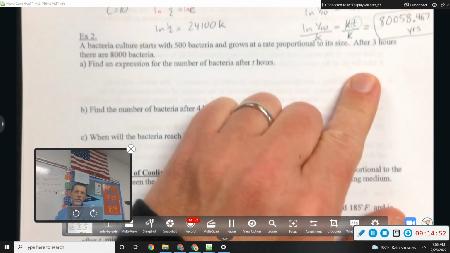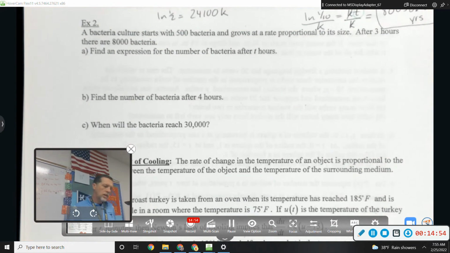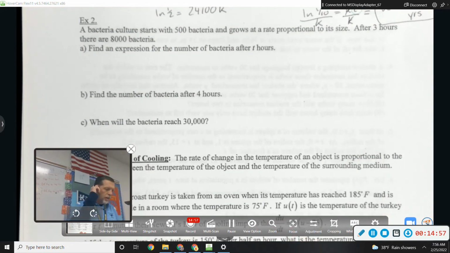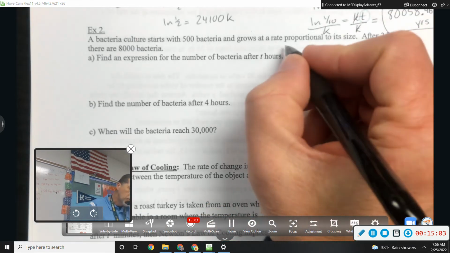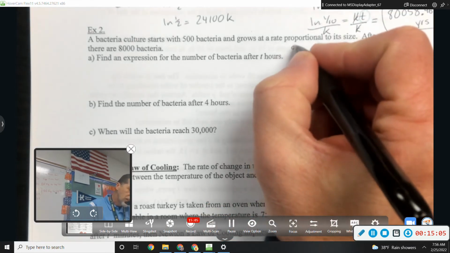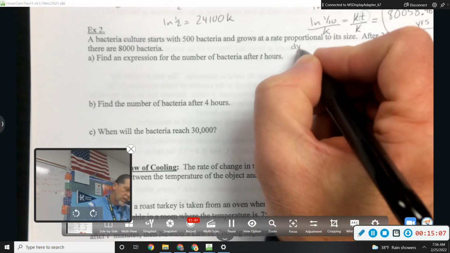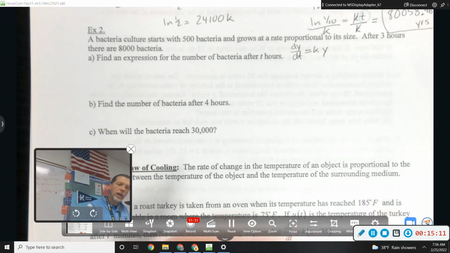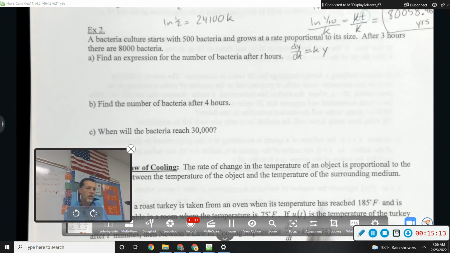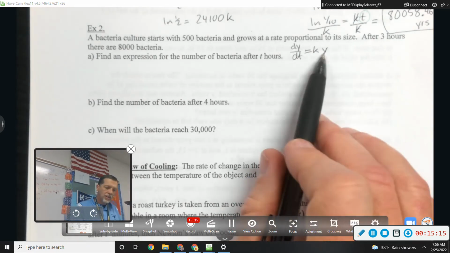Example 2. A bacteria culture starts with 500 bacteria, grows at a rate proportional to its size. So that means dy/dt equals k times y. Proportional is the k, its size is y.